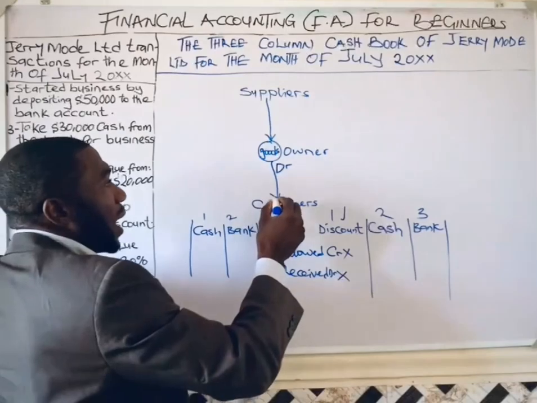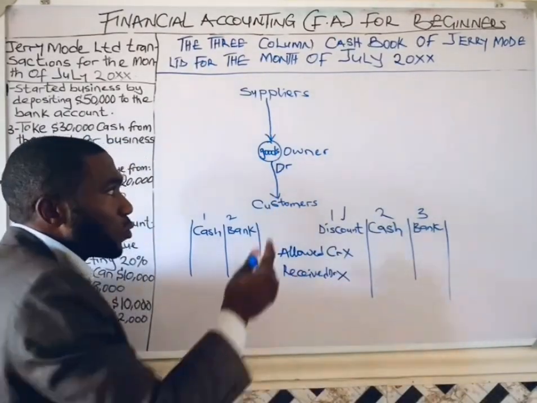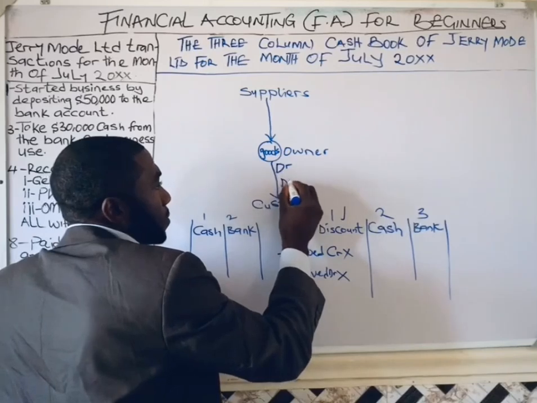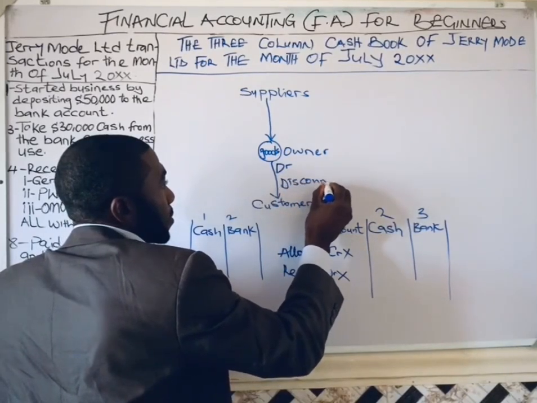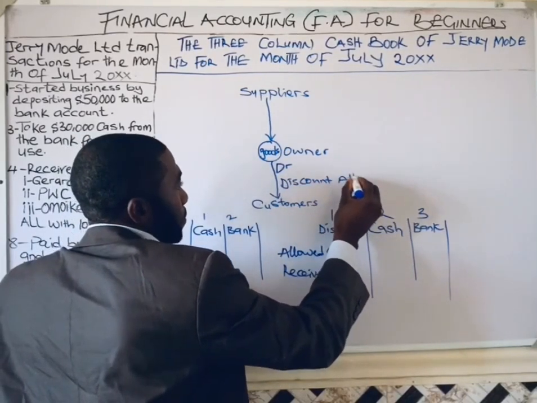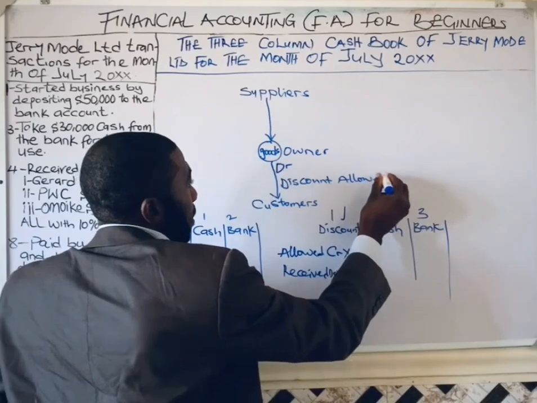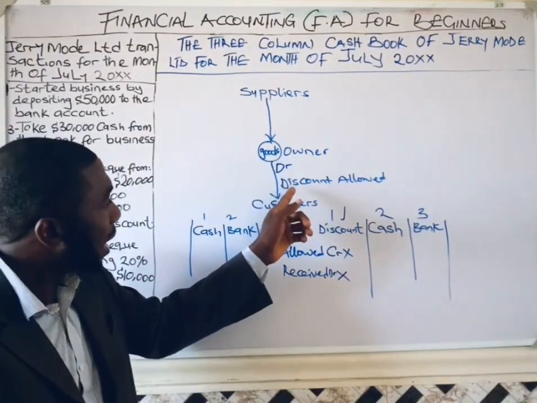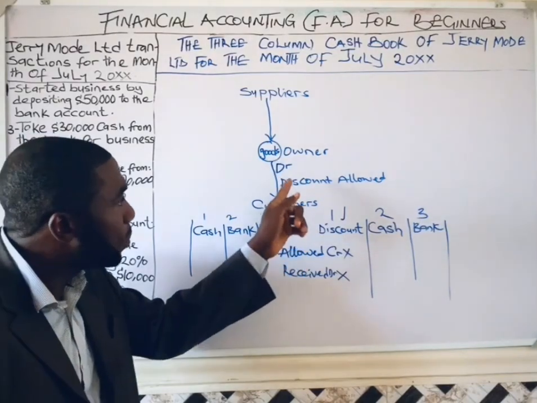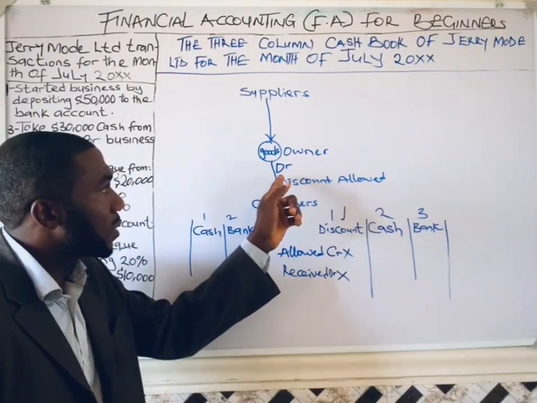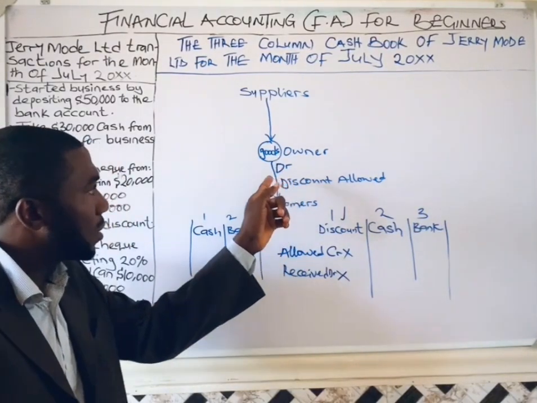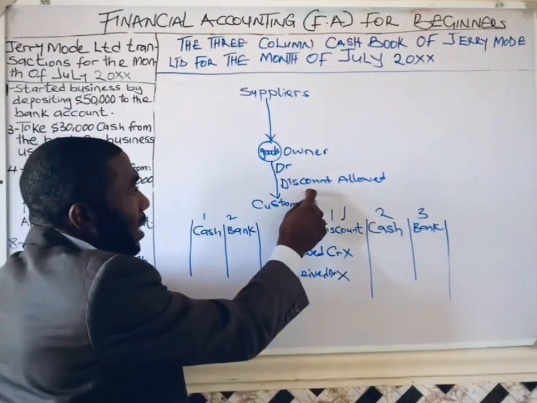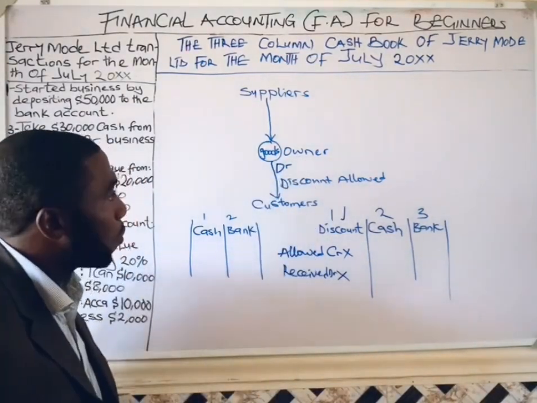Since we are allowing our customer to pay us with discount, that is where we get discount allowed. This is telling us that we allow this customer to pay us the amount of money with discount. So automatically it's going to be at the debit side. Why?